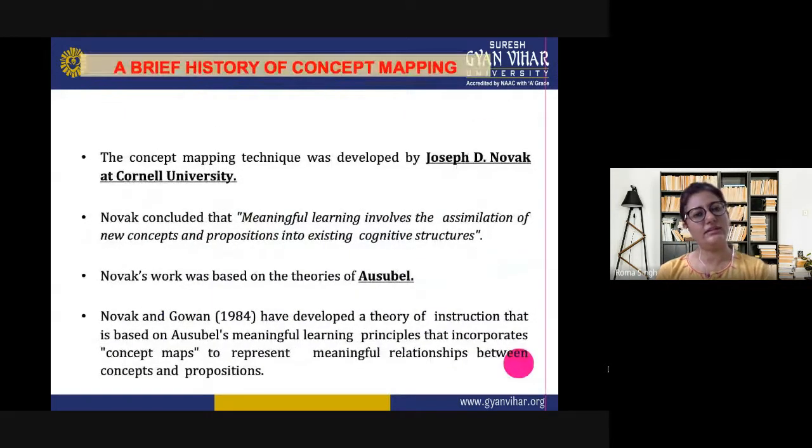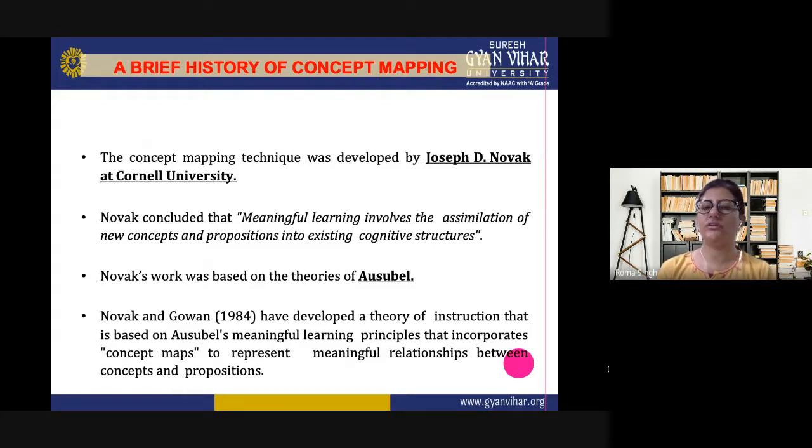So let us take a look at the brief history of concept mapping, how this strategy came into existence. This technique of concept mapping was first developed by Joseph D. Novak at Cornell University, which is a university in New York, USA. Novak concluded that meaningful learning involves the assimilation of new concepts and propositions into existing cognitive structures.